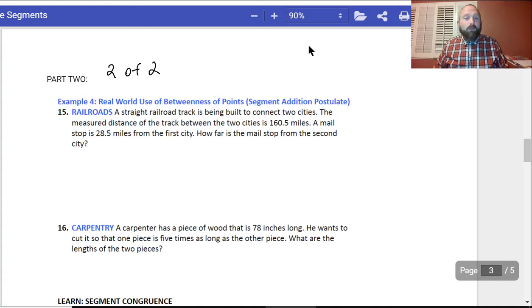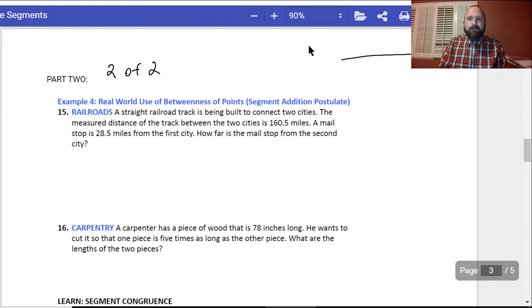So example 4, real-world use of betweenness of points, or this is just the segment addition postulate. We should draw diagrams, because it's easy to visualize something when we can see it. Let's do number 15. Railroads. A straight railroad track is being built to connect two cities.